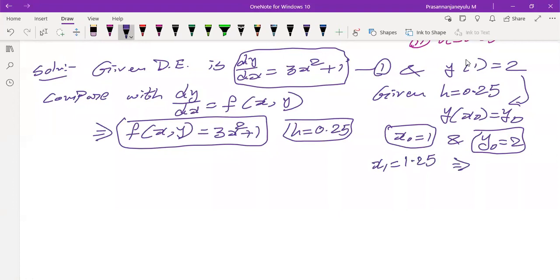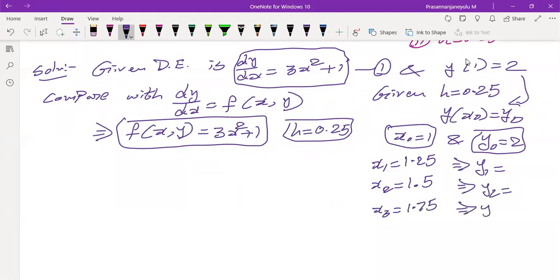That implies, what is the y1 value? We don't know. We need to find. Next, x2. What is x2 value? x1 plus h. x1 is 1.25 plus h value 0.25 is 1.5. Then we need to find y2. Same manner, x3 is equals to x2 plus h. So how much will it become? 1.75.